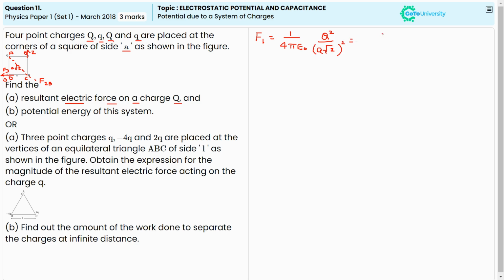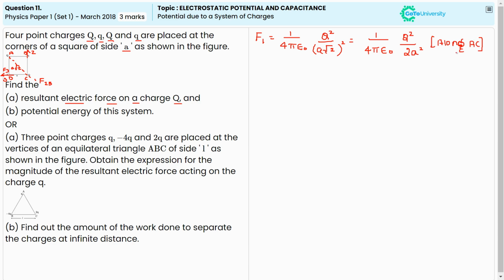So this becomes 1 upon 4 pi epsilon naught into Q square divided by a root and square will get cancelled, then this becomes 2a square. This is along AC.